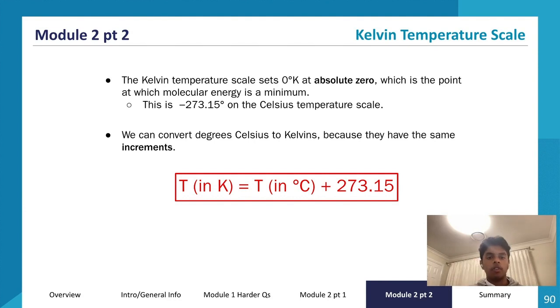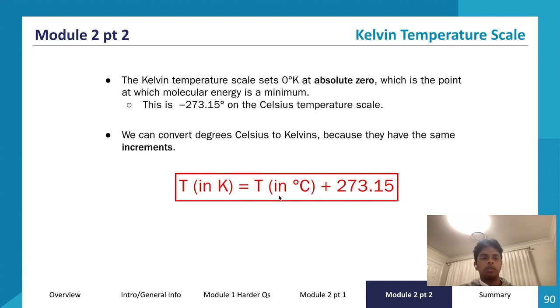And 0 degrees Kelvin is also minus 273.15 degrees on the Celsius temperature scale. So temperature in Kelvin is equal to temperature in degrees Celsius plus 273.15. So 10 degrees Celsius is equal to 283.15 degrees Kelvin.